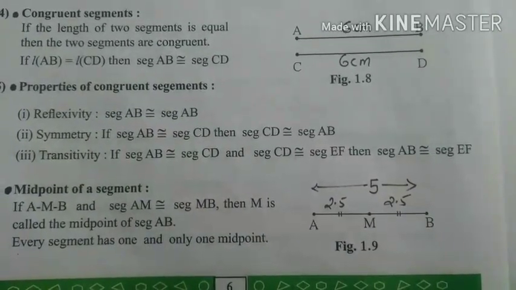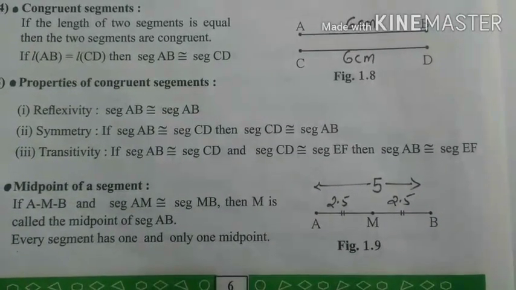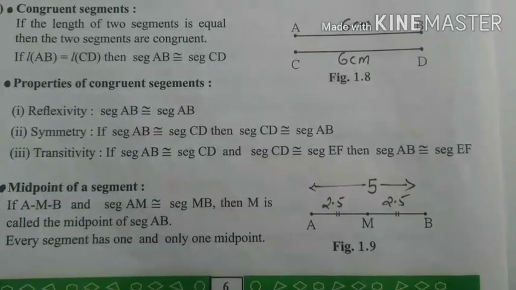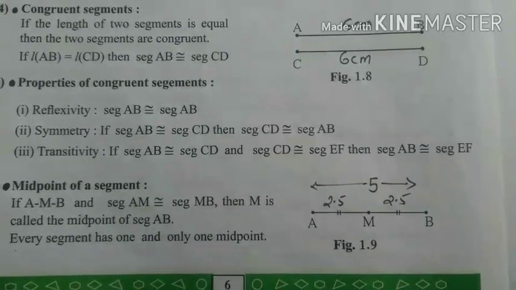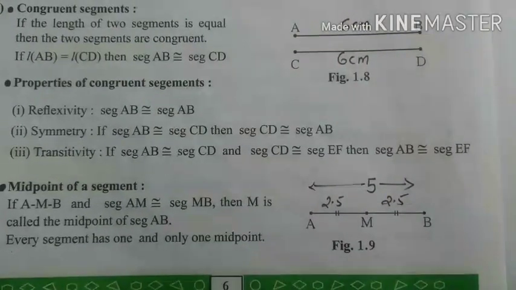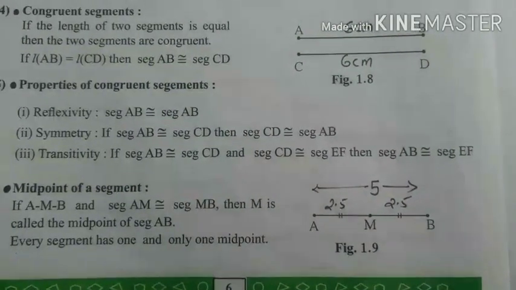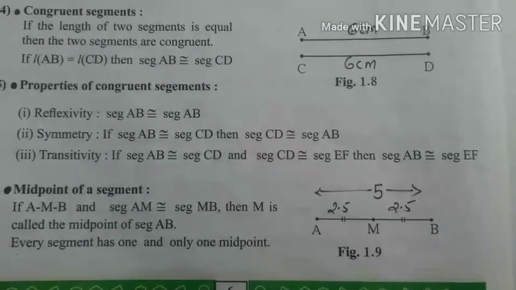Third property is transitivity. If AB is congruent to segment CD and segment CD is congruent to segment EF, means the first is congruent to the second, the second is congruent to the third, then the third one is also congruent to the first. Means all three are congruent to each other.